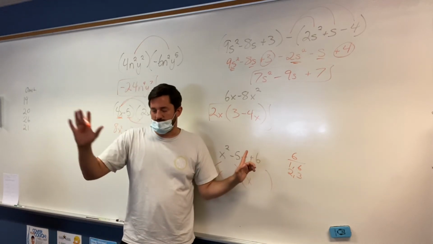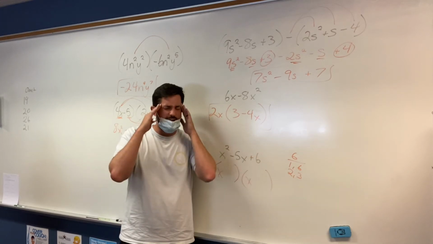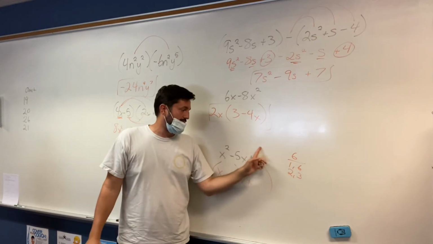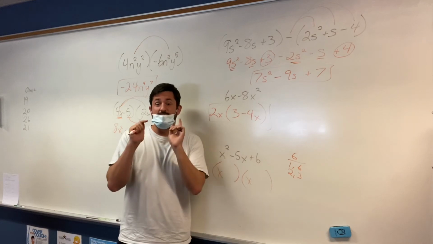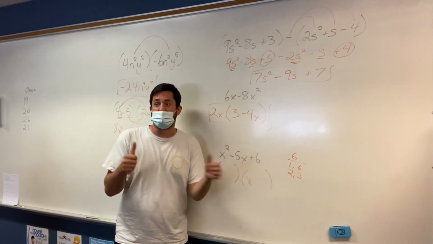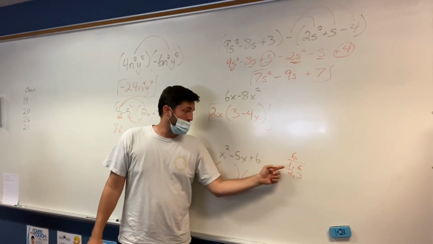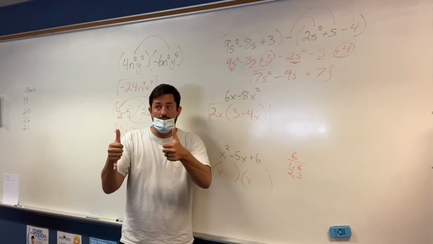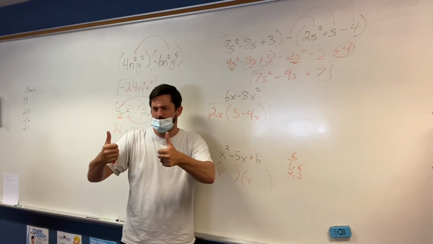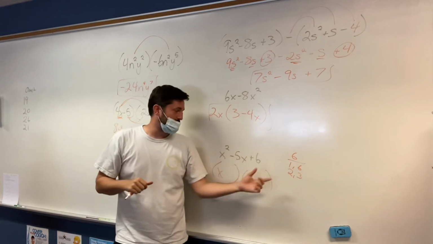And this is my thought process. Since I know they have to multiply to get a positive, I'm thinking about the signs. That tells me what about the signs? Well, they both have to be the same, right? So in order to multiply to get a positive 6, I have to be either plus plus or minus minus. So looking at the 1 and the 6, a 1 and a 6 that are the same sign cannot get me a 5. You see what I'm saying? 6 minus 1 is 5, but I need them to be the same sign.